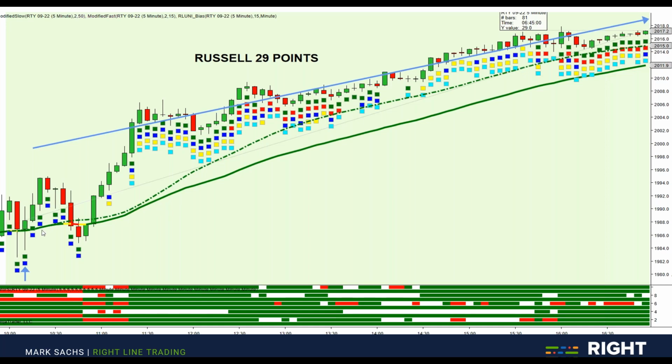So if you got in right tight to support, right here, you're going to ride this trade all the way up. And it's a 29-point trade on the Russell. That's a big move for the Russell. That's what it's scaling at right there, 29 points.